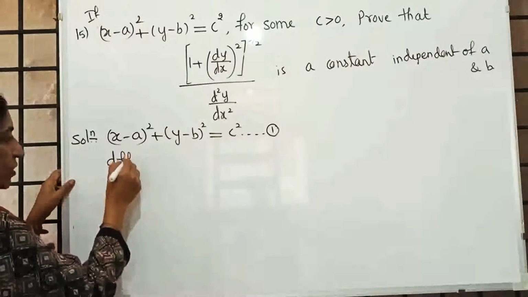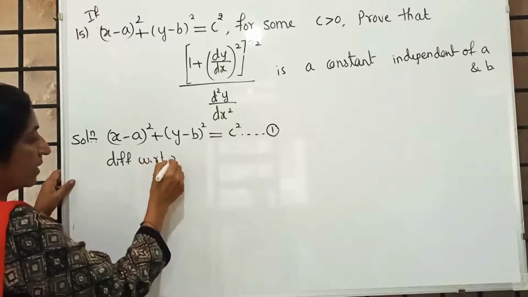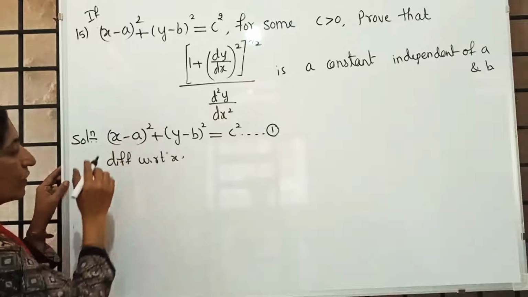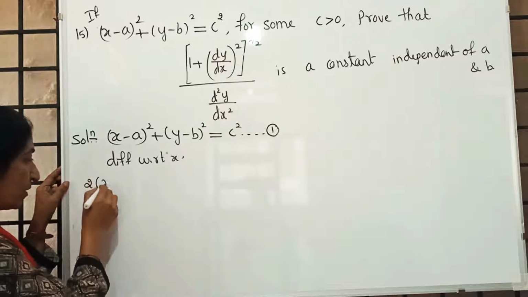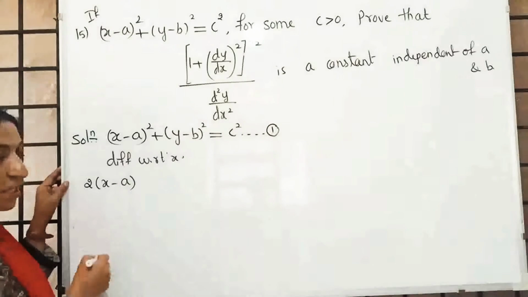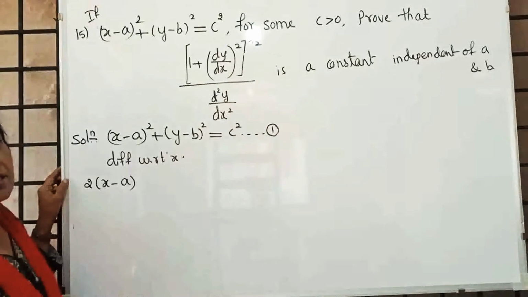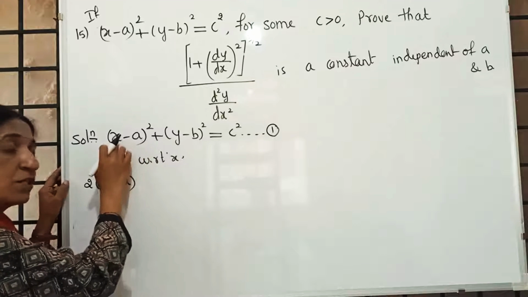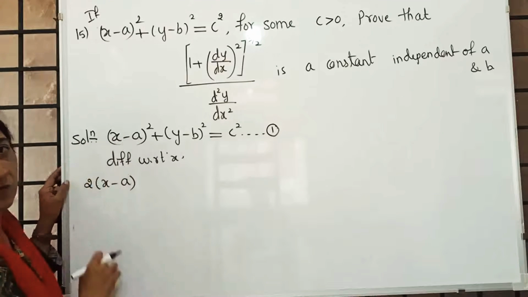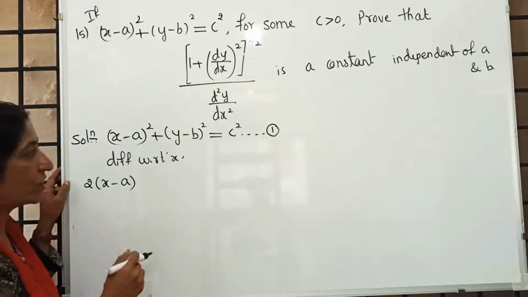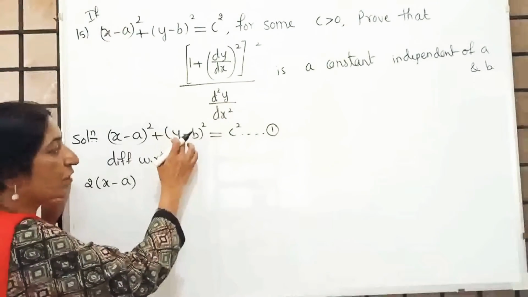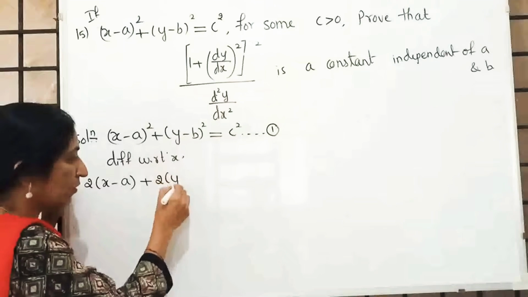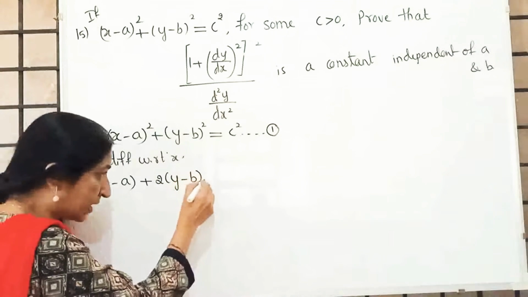When you differentiate with respect to x, already you are familiar with the chain rule. What is the differentiation of x minus a whole square? 2 into x minus a. Now tell me, is it necessary to differentiate x minus a? No. Why? Because differentiation of x is 1, differentiation of a is 0. No need to differentiate that. Next, what is the differentiation of y minus b whole square? 2 into y minus b.